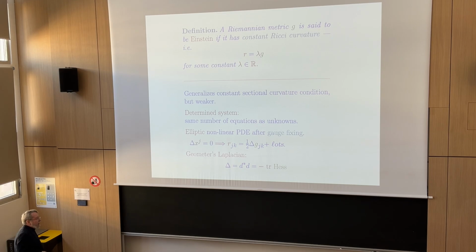Here, analysts in the audience may be unhappy with the sign of the Laplacian that I use, and this is true of a very large segment of the differential geometric community. For many of us, the Laplacian is the same as the Hodge Laplacian on functions, and that's minus the trace of the Hessian rather than the trace of the Hessian.